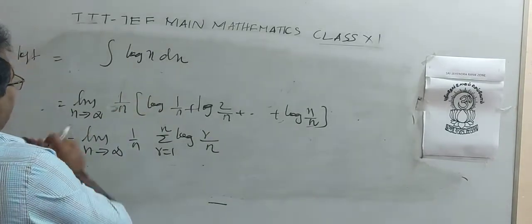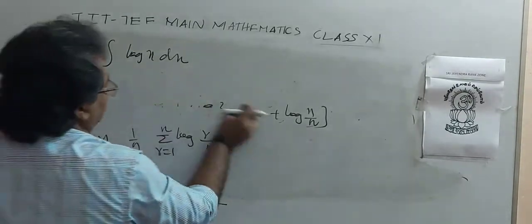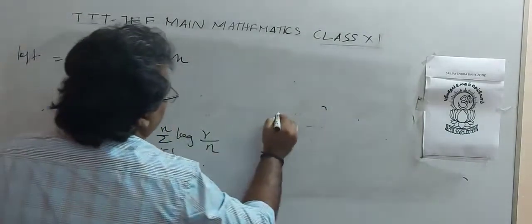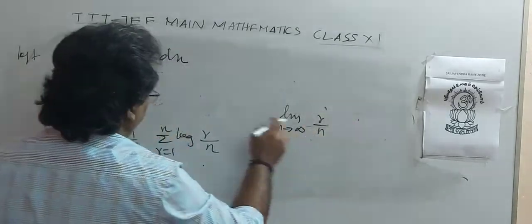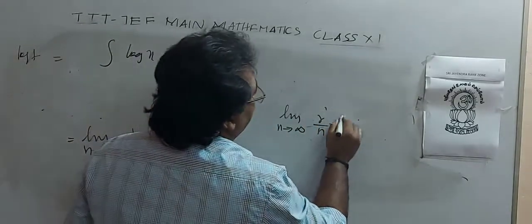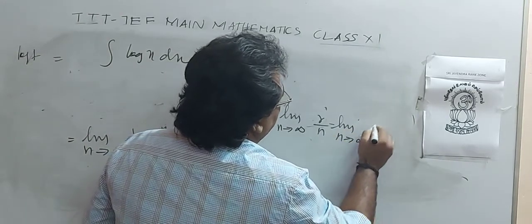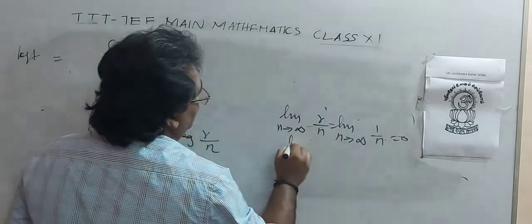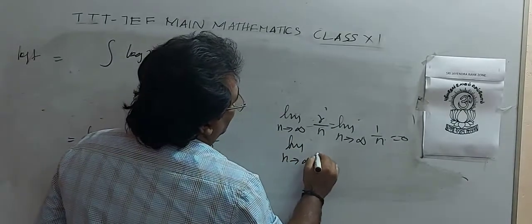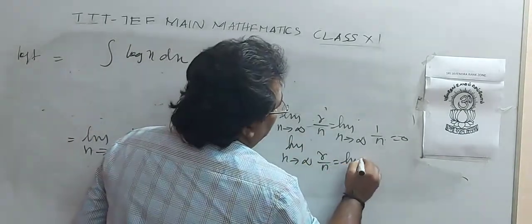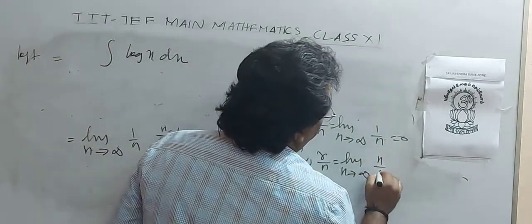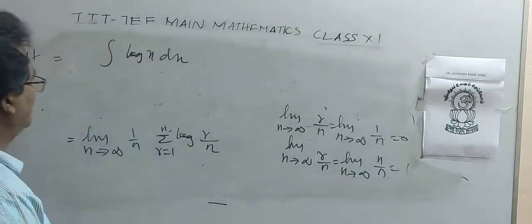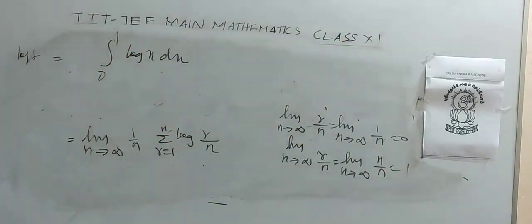To find the limits, as n tends to infinity, you take r by n: for r equal to 1, limit n tends to infinity 1 by n is 0, and for r equal to n, it is 1. So the integral is from 0 to 1 of log x dx.